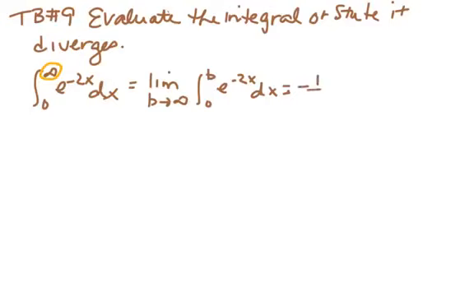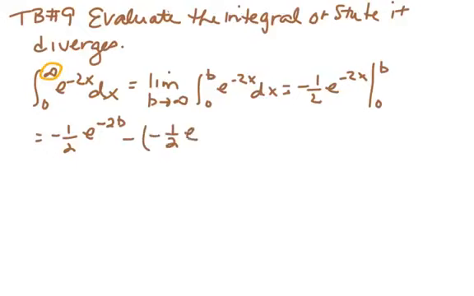Taking the antiderivative, you get negative 1/2 e to the negative 2x, and you're going to evaluate it between 0 and b. And then we'll put back the limit. So let me first go ahead and work out the fundamental theorem of calculus, and then we'll apply the limit. So this is negative 1/2 e to the minus 2b minus negative 1/2 e to the negative 2 times 0.